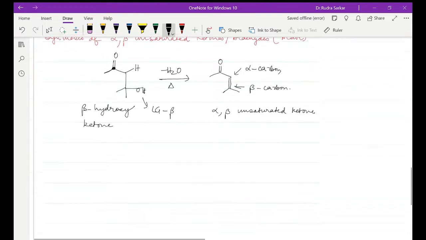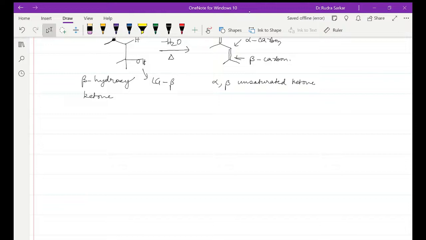So for example, if we are taking a molecule such as benzaldehyde, and we have taken acetone, now out here benzaldehyde is a different molecule, and we know this is a ketone over here, that is acetone.